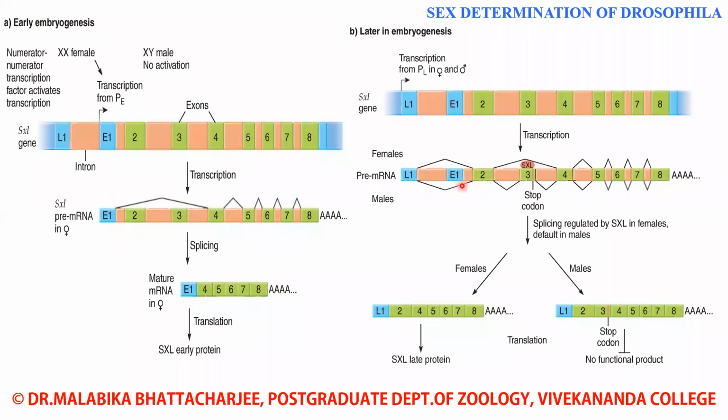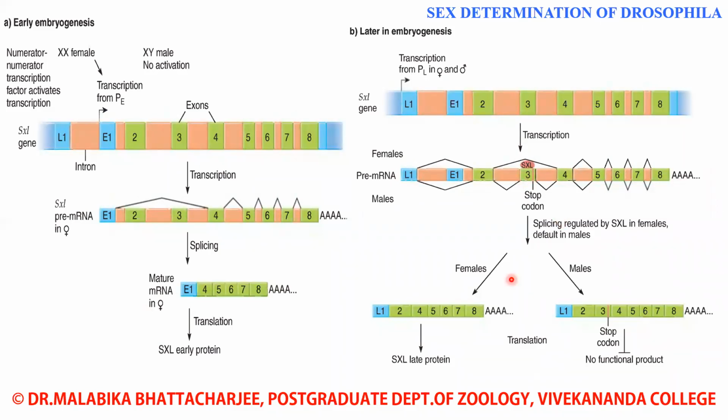If you look in the third exon, there is an in-frame stop codon. In case of females, we already have the SXL early protein, but in case of males, there is no SXL early protein. It's absent.